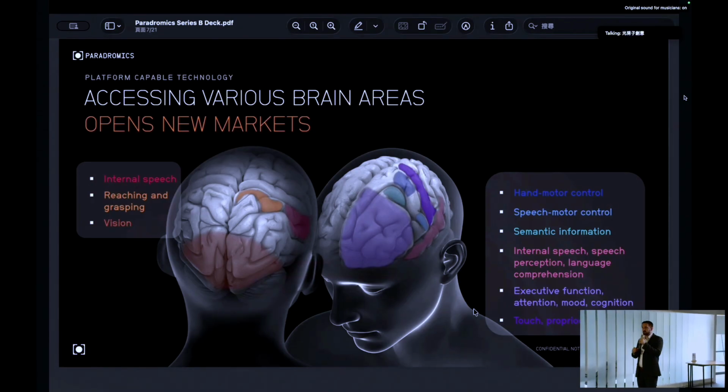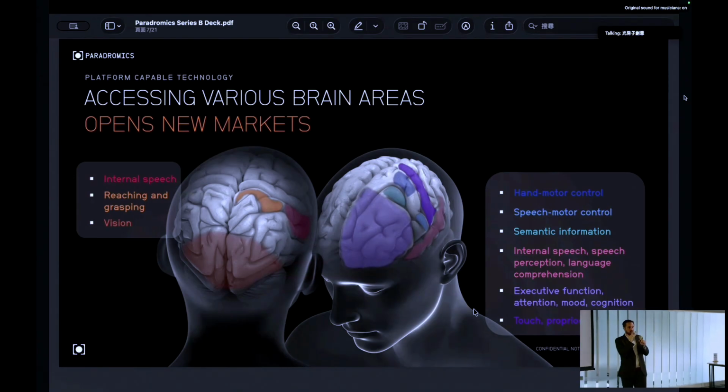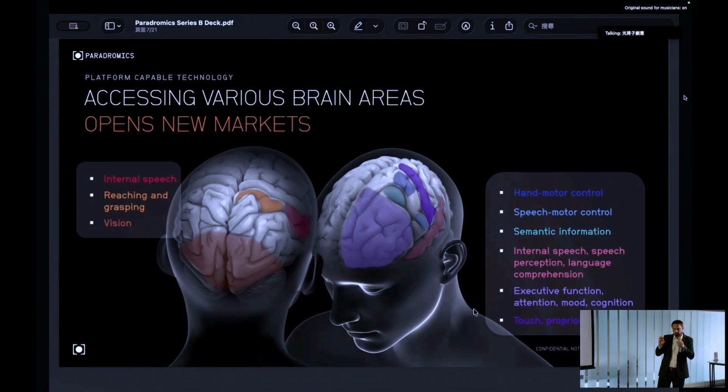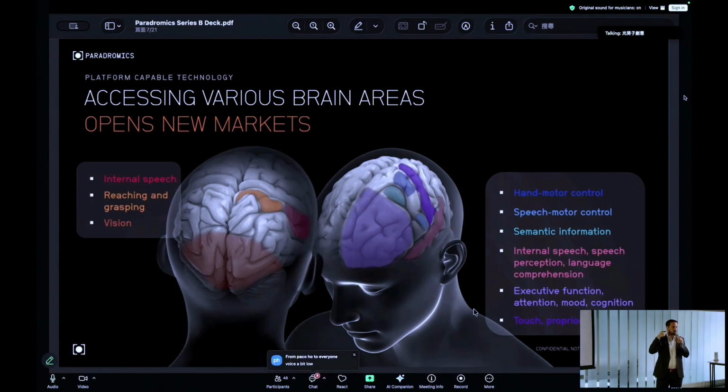If you put that device in an area called 6V that controls the mouth, the tongue, and the larynx, you can read out what people are intending to say and do speech directly through a computer. But you can also put a device in visual cortex, and if instead of reading signals you put signals into the brain, you can create pictures. If you put it in auditory cortex, you can either hear what someone is hearing or cause someone to hear something that their ear either can't or wouldn't have enabled.